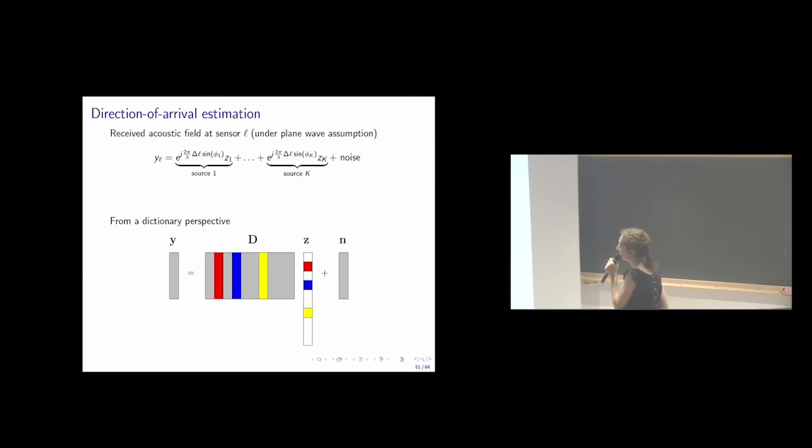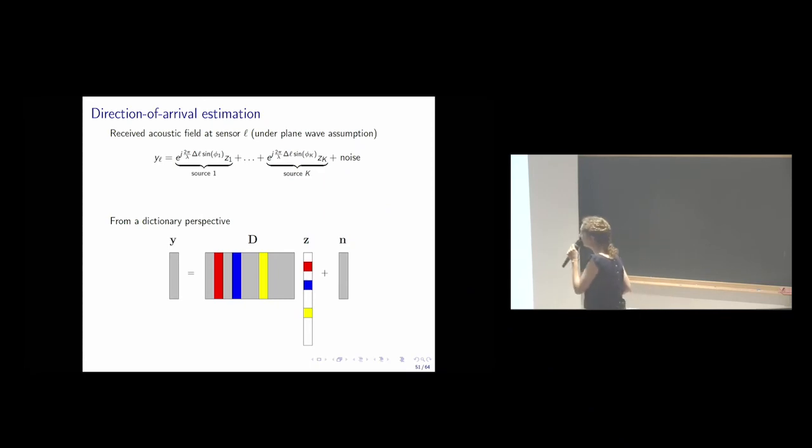So from a dictionary perspective, you don't know exactly how many sources you have. So you have to search for your sources in a big dictionary. Each column here corresponds to one particular direction of arrival, and each column of your dictionary will be weighted by a source contribution.